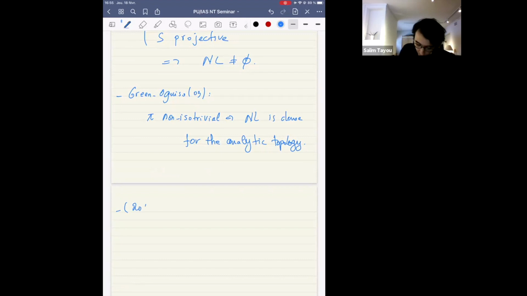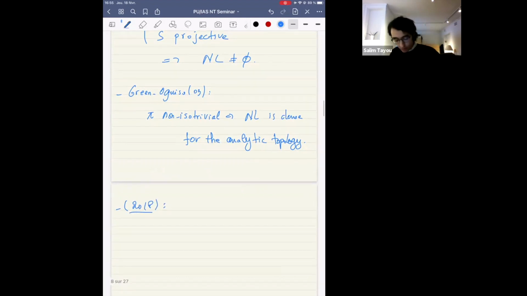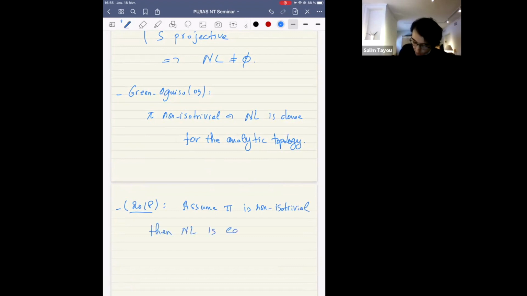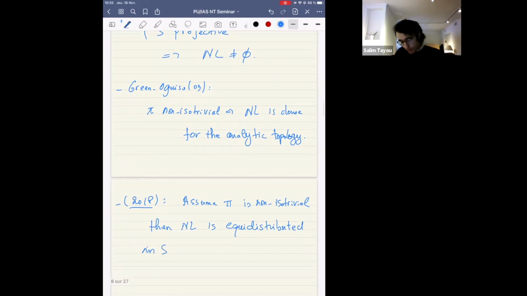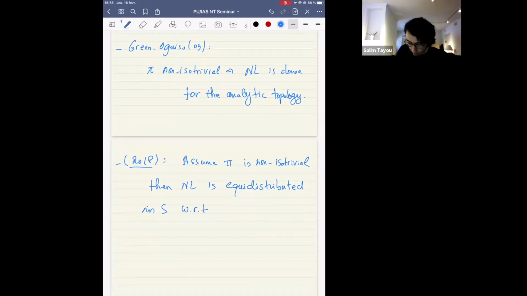In my thesis, I proved that actually one can have a final result in the following sense. Assume always that pi is non-isotrivial. Then this Noether-Lefschetz locus is equidistributed in S with respect to some natural measure which is given by integration of the curvature of the Hodge line bundle.